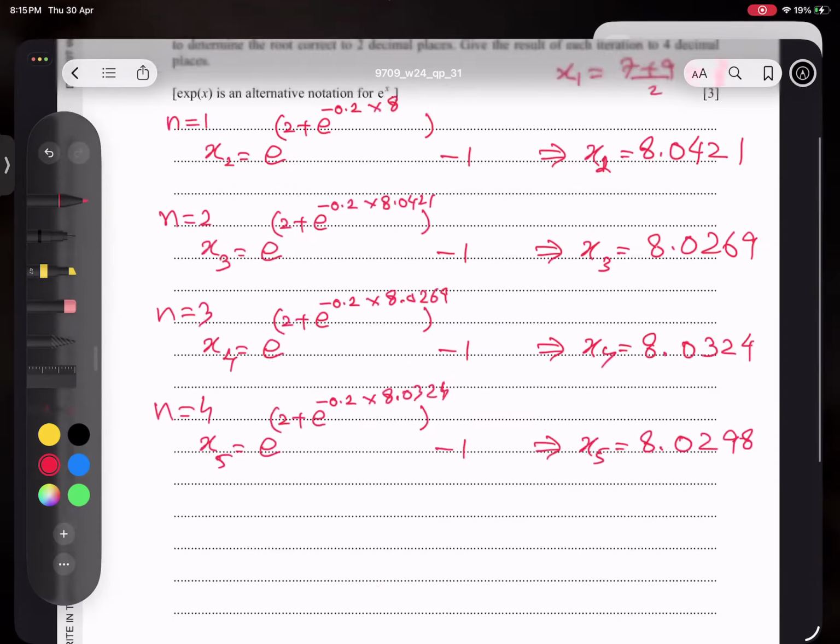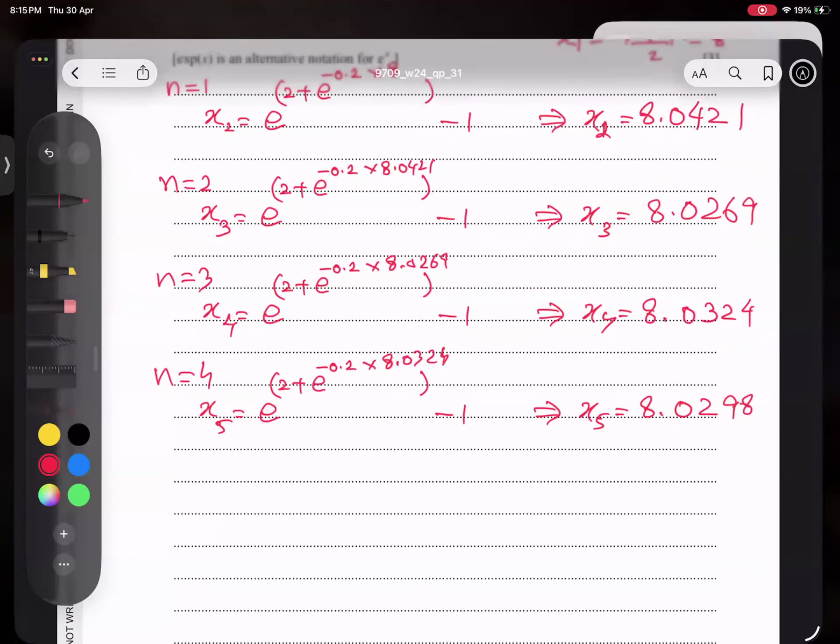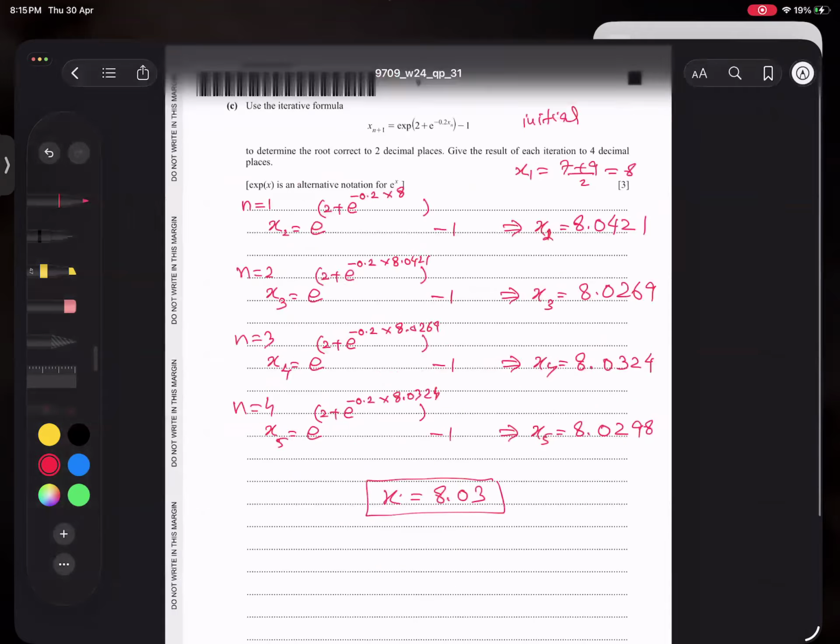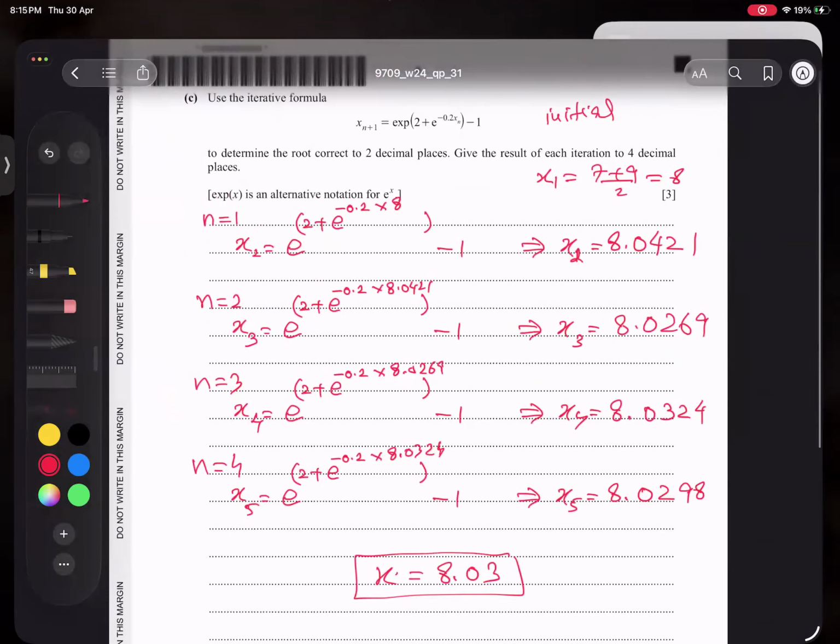Okay, now I think we check one more attempt. It's gradually increasing, you see. So we can say it's the same. So 8.03 is our final answer, because he said 2 dp. And I hope the concept of the question is completely clear.